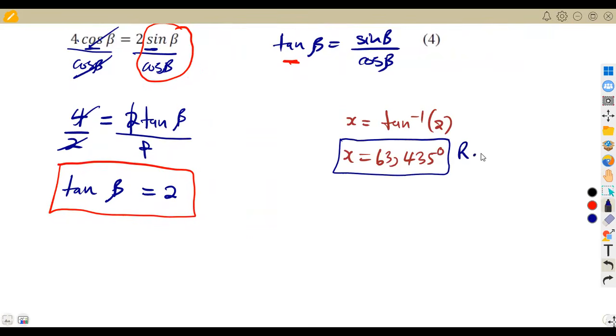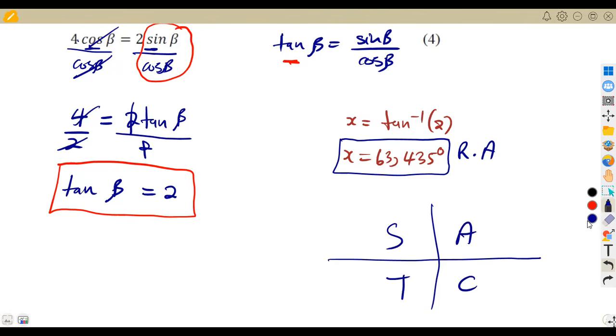Which quadrant are we going to refer to in this case where tan is positive? Remember, from our CAST concept, this is the quadrant for tan, and the other one is the all for everything in the first. In the first quadrant, theta is equal to x.